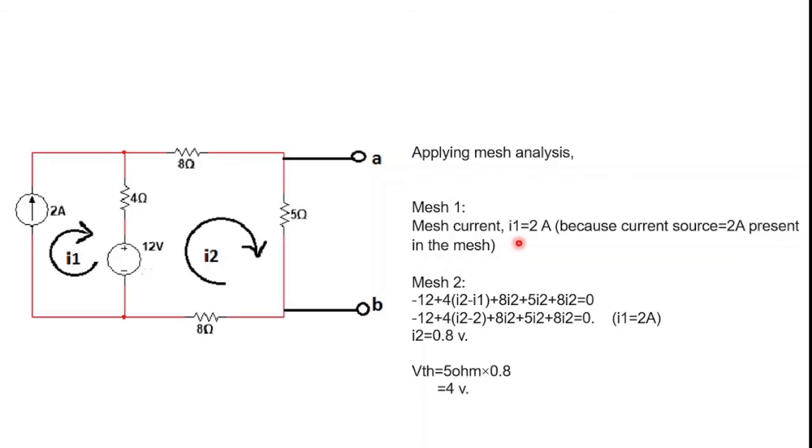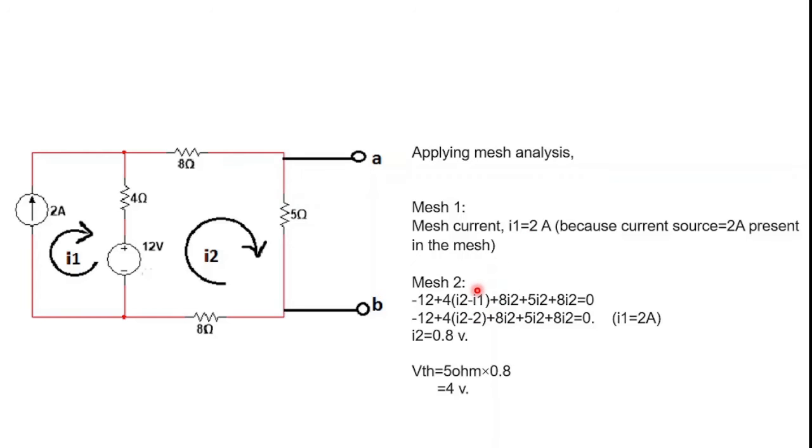So the current I1 is 2 ampere, and then for mesh 2 there will be an equation in this form: minus 12 plus 4(i2 minus i1) plus 8i2 plus 5i2 plus 8i2 equals 0. Notice that I1 was supposed to be 2 ampere from mesh 1.